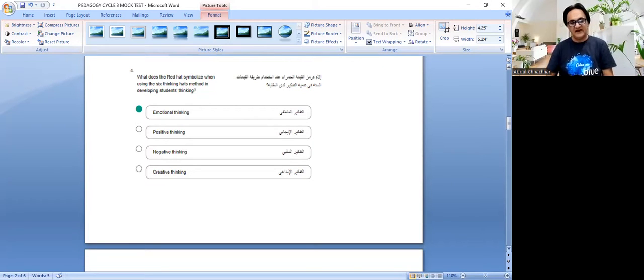What does the red hat symbolize when using the six thinking hats method to develop students' thinking?